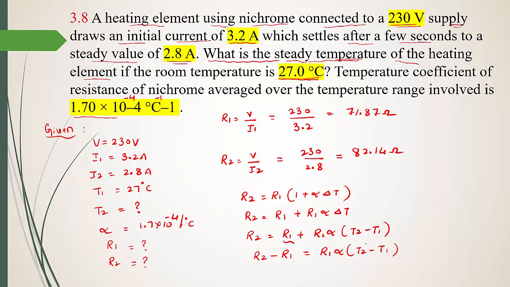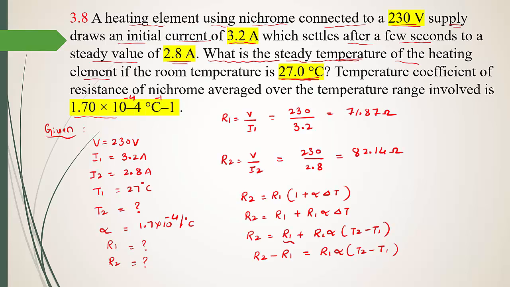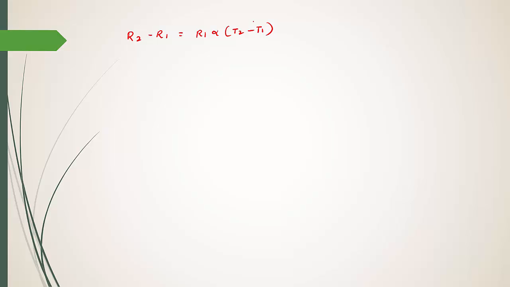So here we can substitute all the values. What is the equation? I am going to rewrite here: R2 minus R1 equal to R1 alpha into T2 minus T1. You can see this equation here. Yes, now substitute the values.